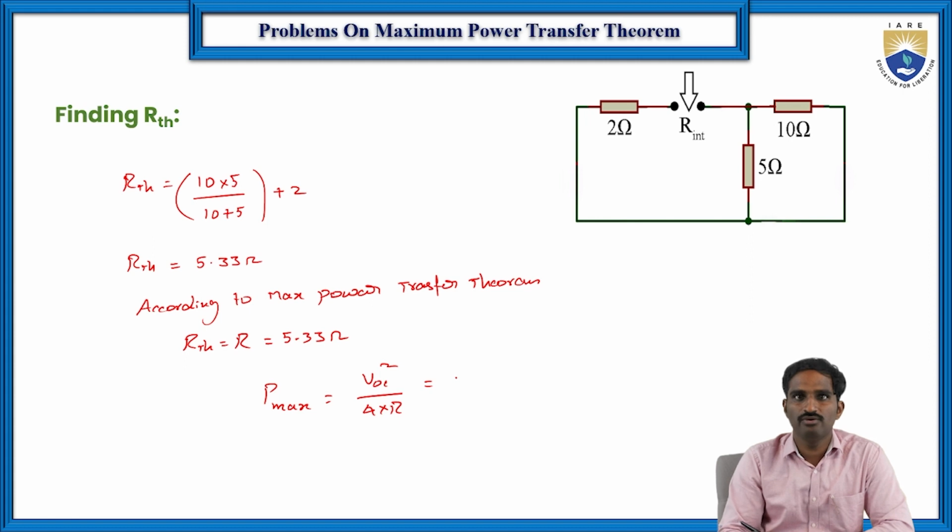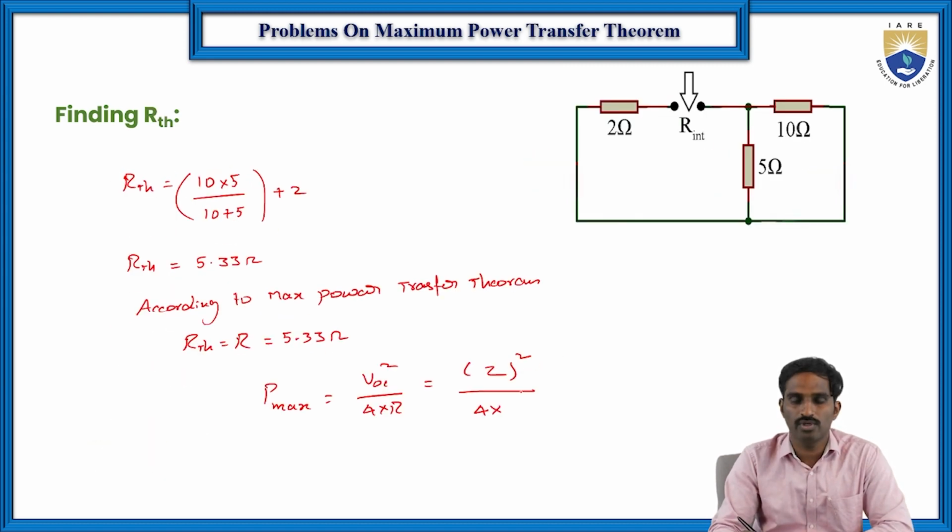Then substitute the values. VOC, no sorry, this VOC, not this one. So VOC is 2 volts. So 2 whole square by 4 into 5.33.